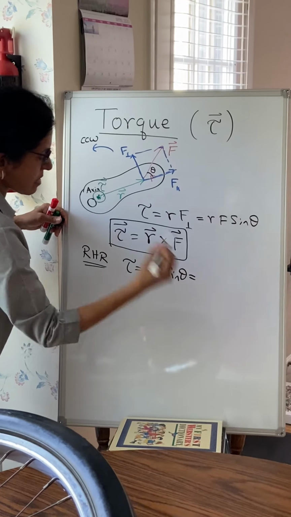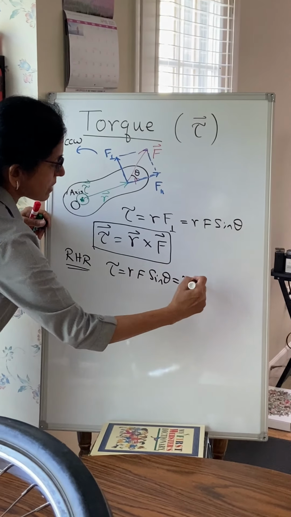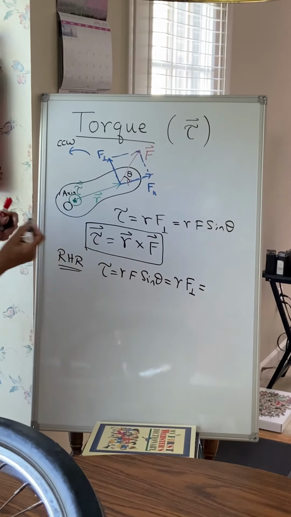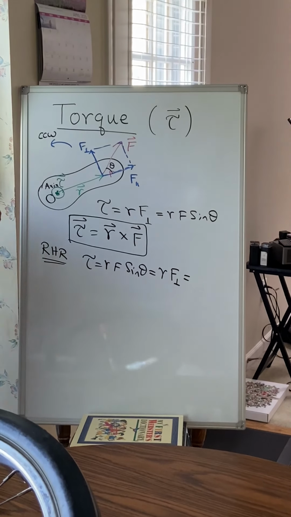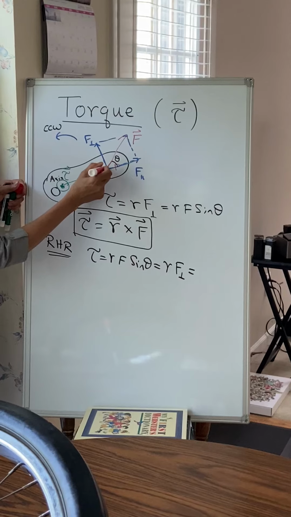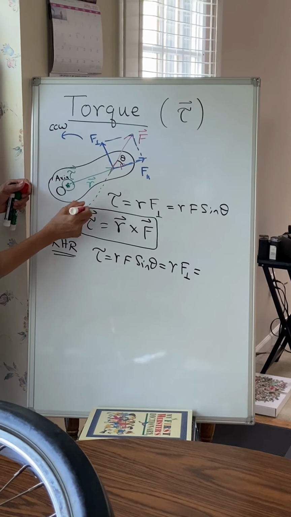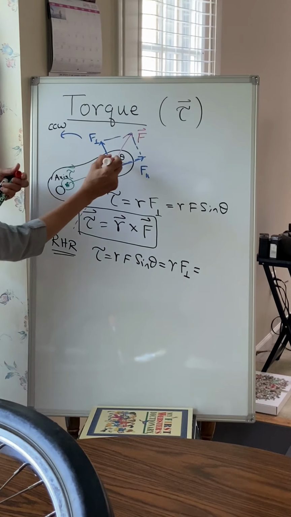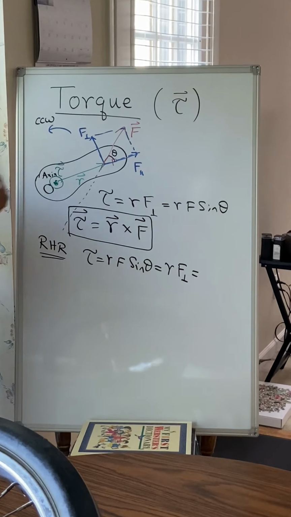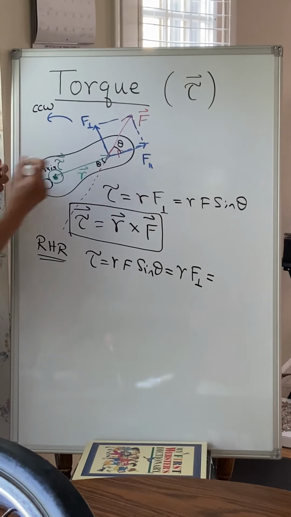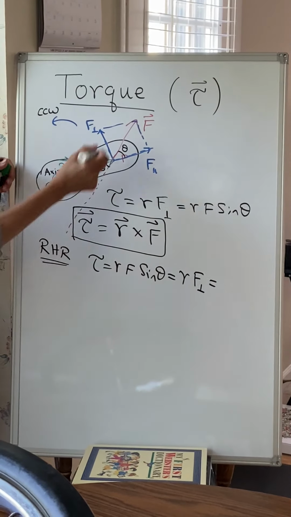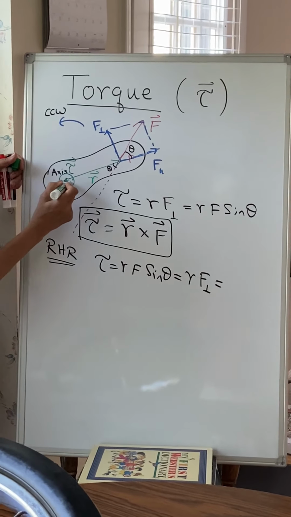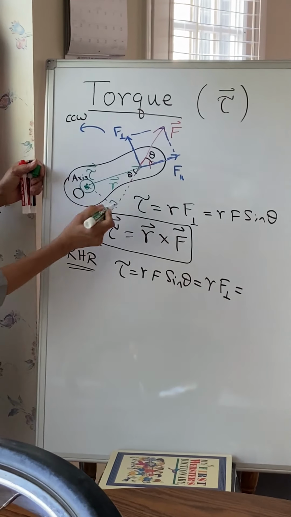So you can either think of it as R times F perpendicular, but there is another way to think of it. If I extend the line of action of this force, since this angle theta is the same as this angle theta, and if I drop a perpendicular from the axis to the line of action of the force, this is 90 degrees here.